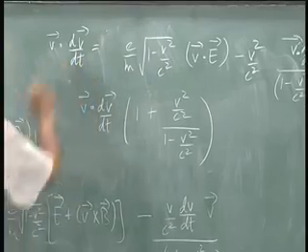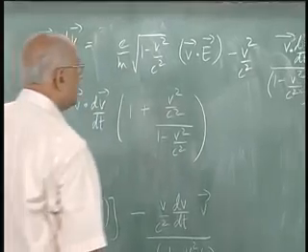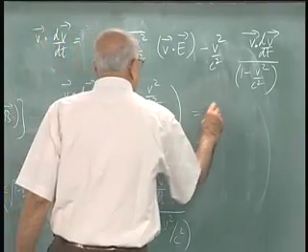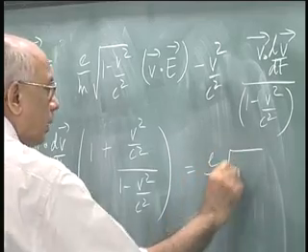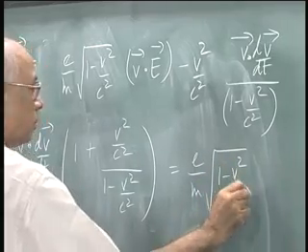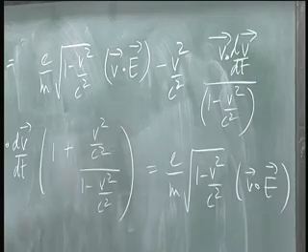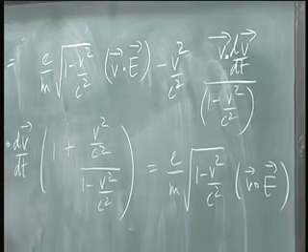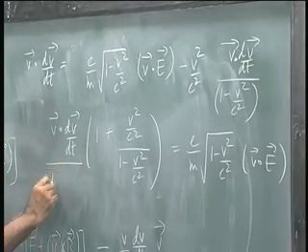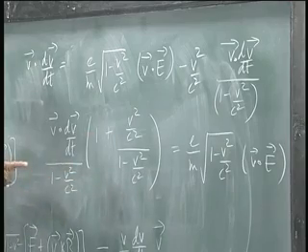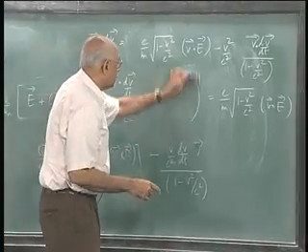I bring this to this side, is that correct now? This is equal to E over m square root 1 minus V squared over C squared, V dot E. And of course this thing here reduces now to 1 minus V squared over C squared, and the V squared over C squared cancels on top. So that is it.